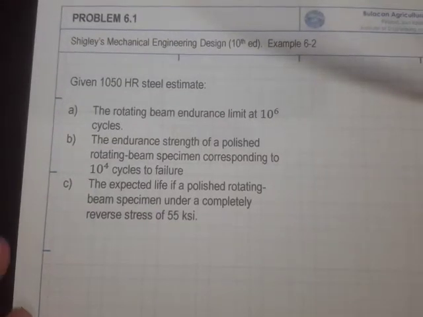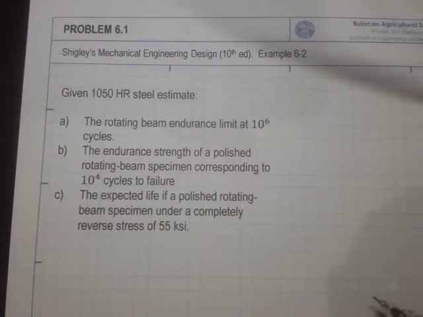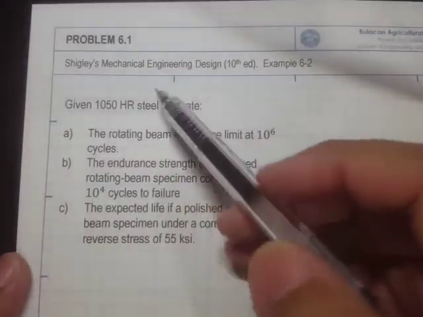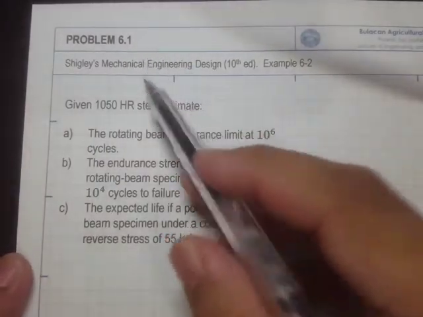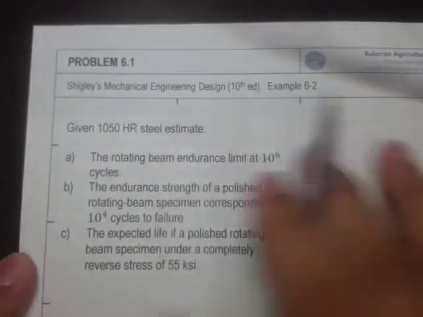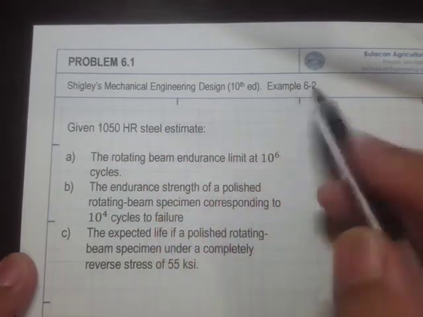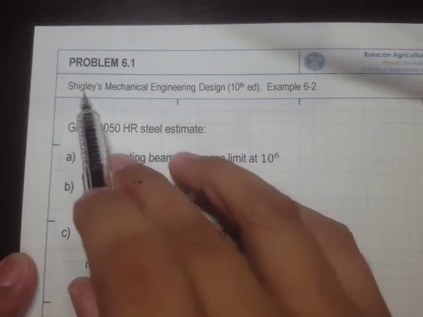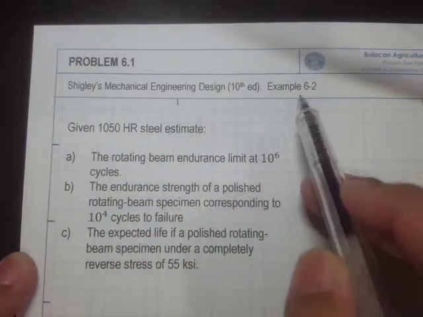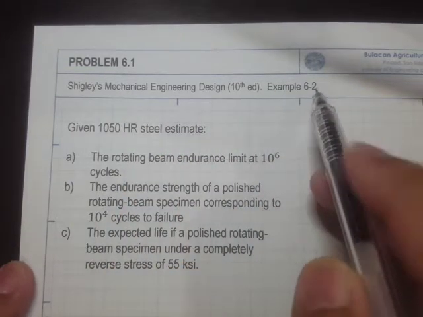Alright, welcome back to this video lectures in ABE153, and in this video we'll be doing our first sample problem for the fatigue loadings. This problem is taken from the textbook by Shigley's Mechanical Engineering Design, example 6-2.